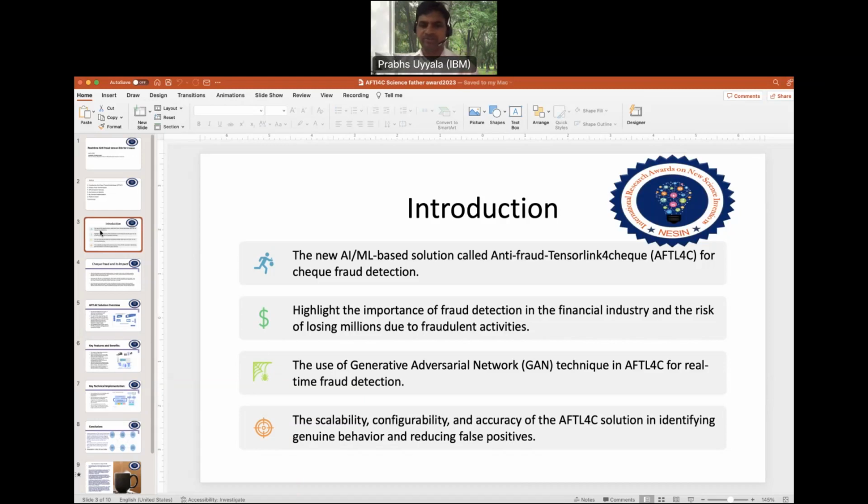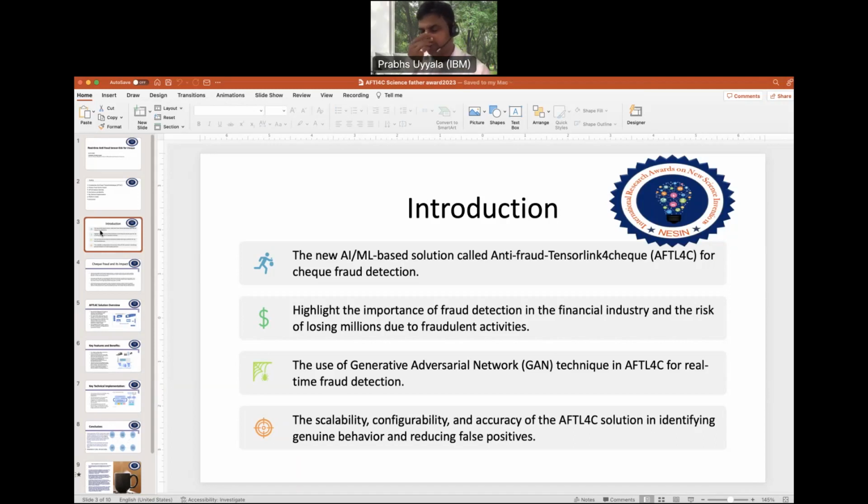The use of generative adversarial networks. GAN is a new way of using a CNN, convolutional networks. Generative adversarial networks were invented by Dr. Goodfellow as part of his research. He invented this in 2014 and published a paper that brought a lot of traction, a lot of new inventions and applications in AI and machine learning.